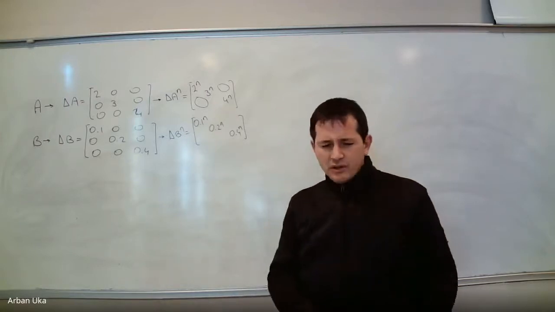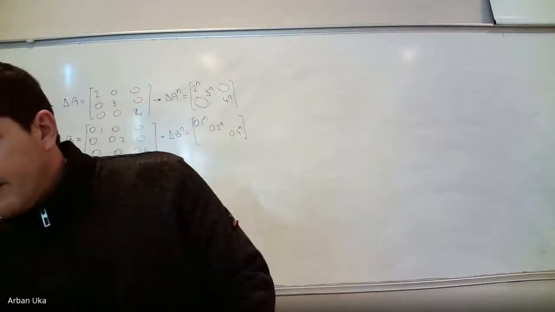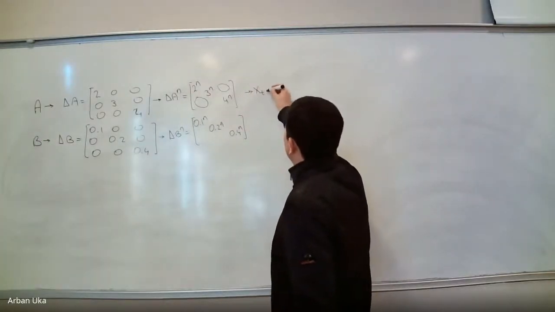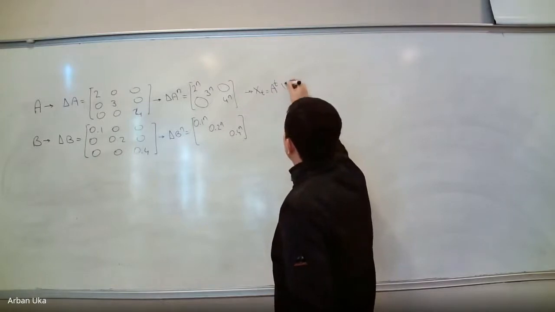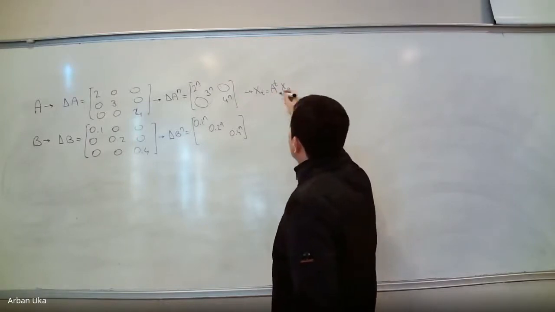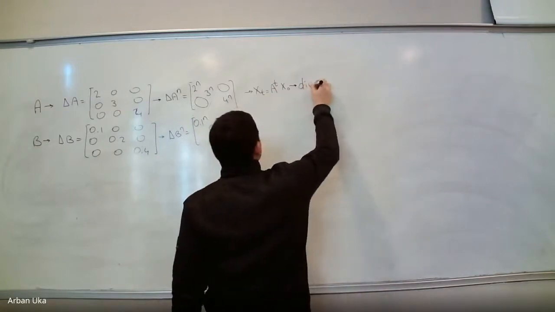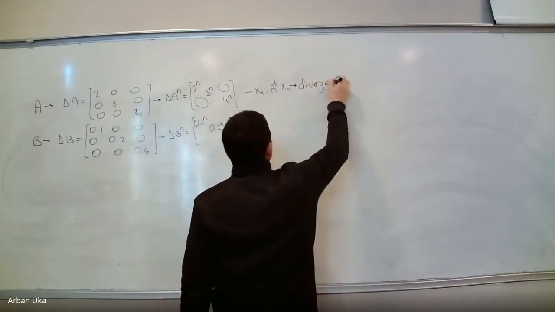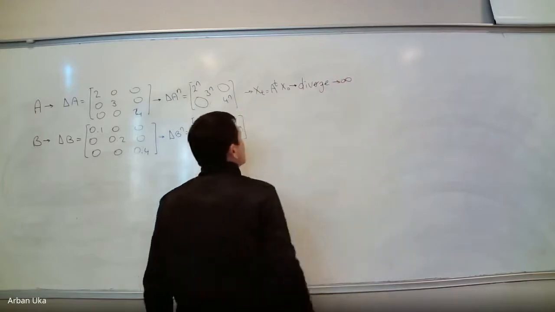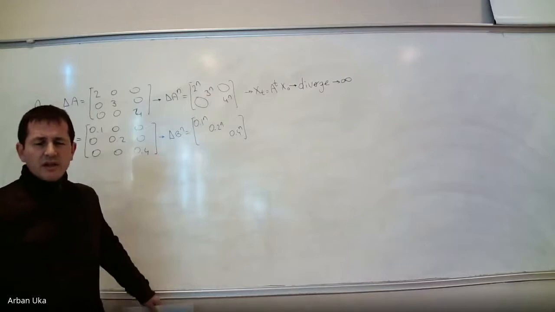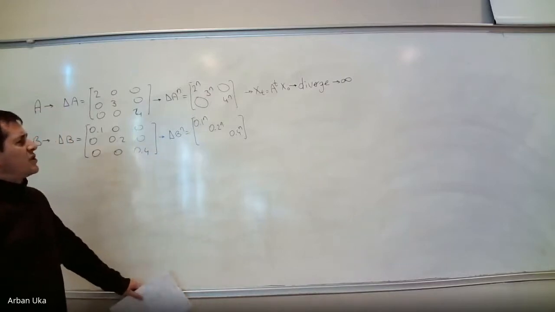For any variable where x_t is equal to A to the power t times x_0, these quantities might easily diverge to infinity. 2 to the power n is an exponential increase, and exponentially increasing quantities are something we're afraid of because they might diverge to infinity.